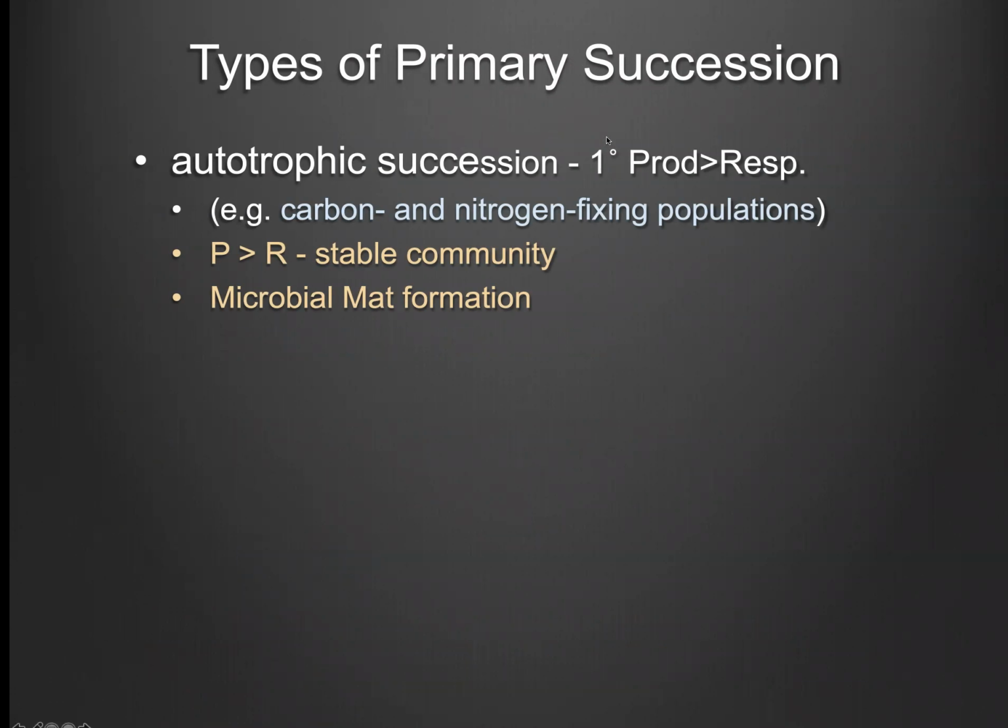Exactly. Right. And is there anybody here who's a composter? Every year I usually get maybe one student that does that. Or do any of your families, or anybody you know, have a compost heap in their backyard? A compost heap is essentially a heterotrophic succession, right?